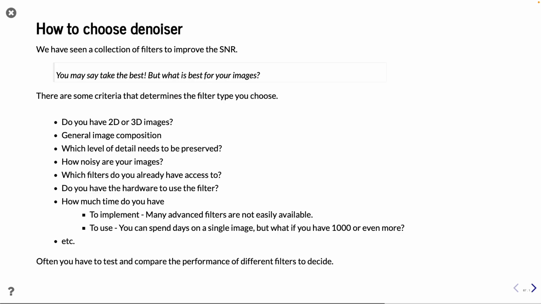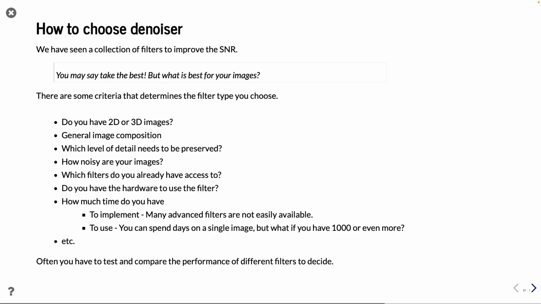So now I've been talking about a lot of denoisers to improve your images, and the question is which one to take. Well, you may say take the best, but the question is actually what is best for your images and your processing task.